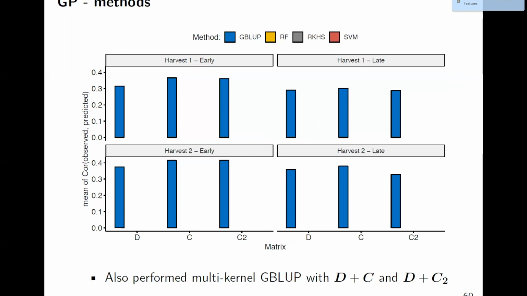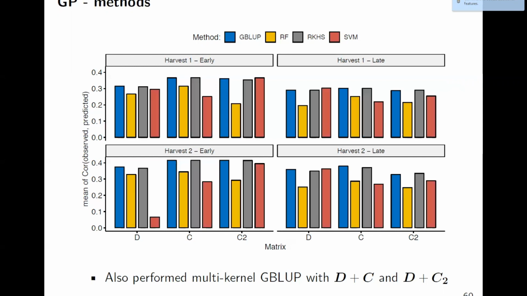Not always, but in general, there is a little increase in prediction accuracy. For the other models for genome prediction, I don't observe a real improvement between the different models, and sometimes it gets really worse. So I'm going to stick with the GBLUP results here.